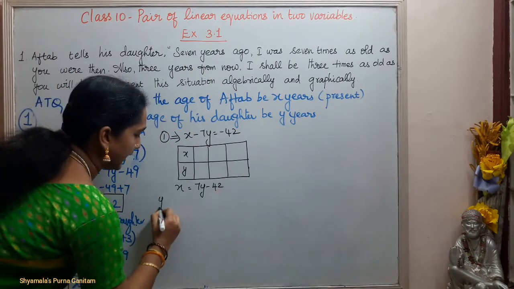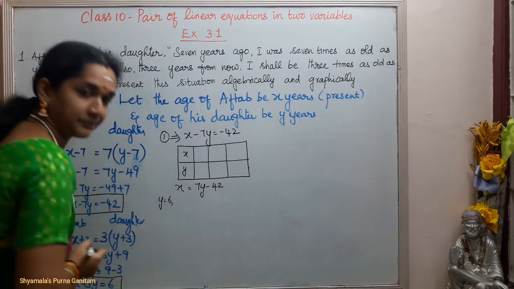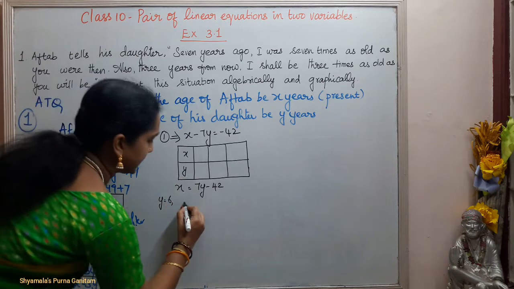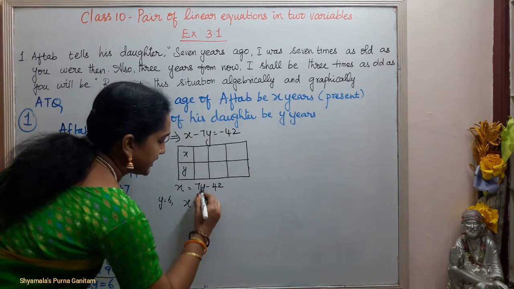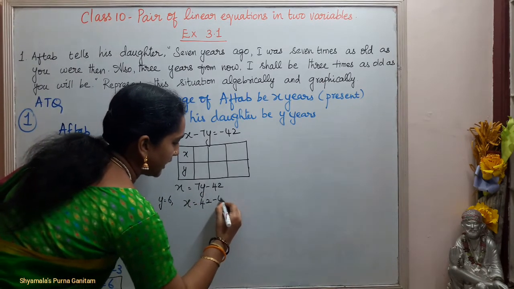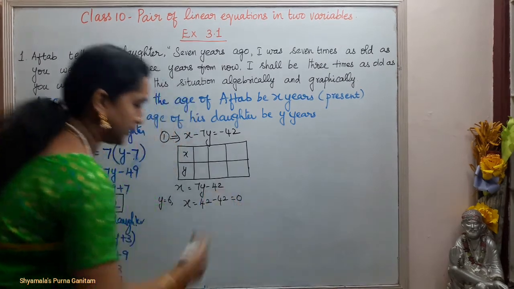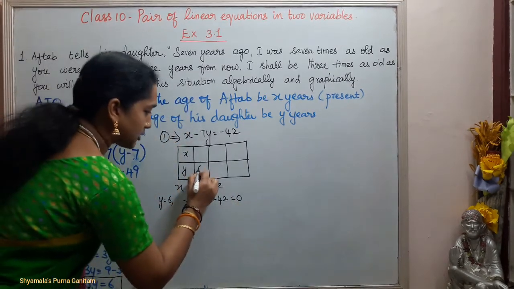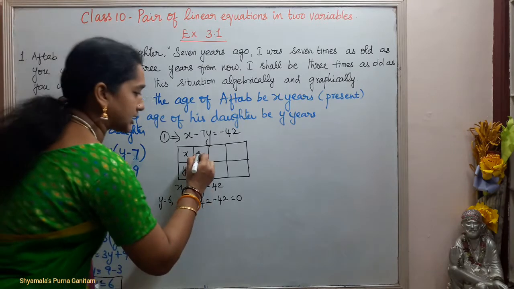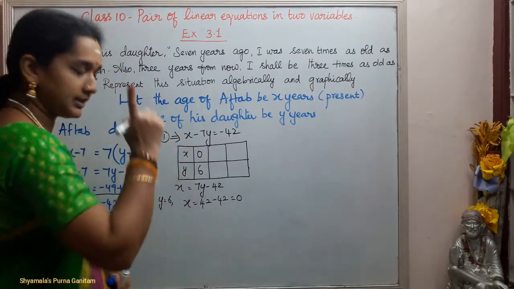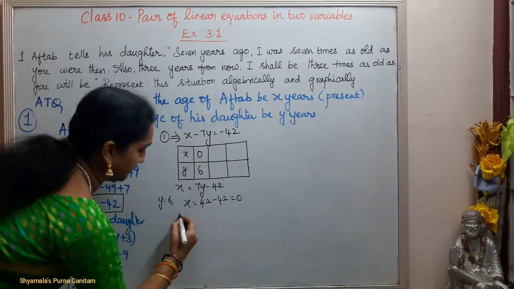If I take y value as 6, my x value will be 7 sixes are 42 minus 42 is equal to 0. So if y is 6, x is 0. This is the first coordinate point.